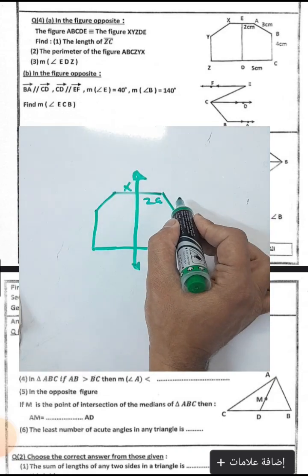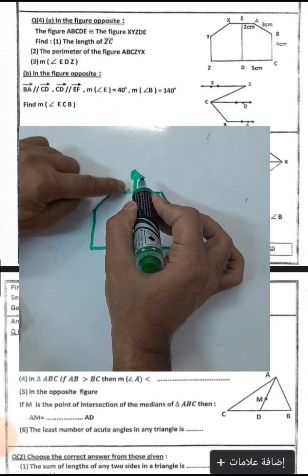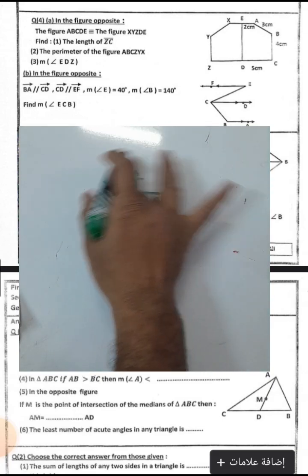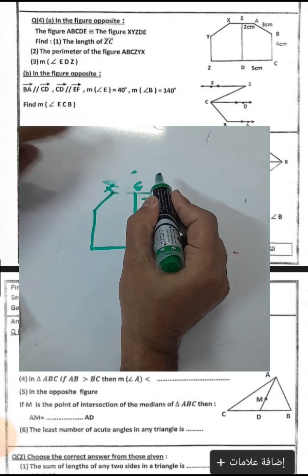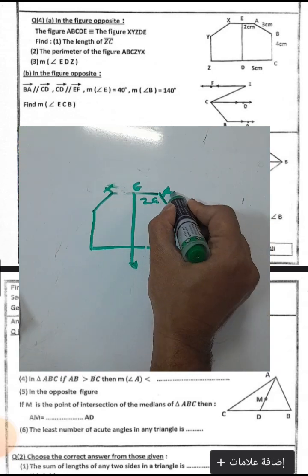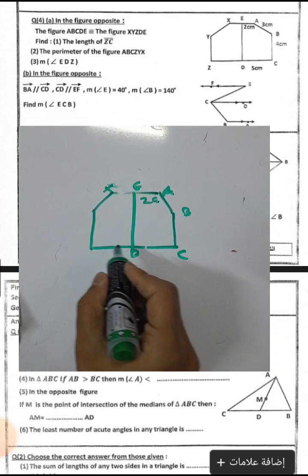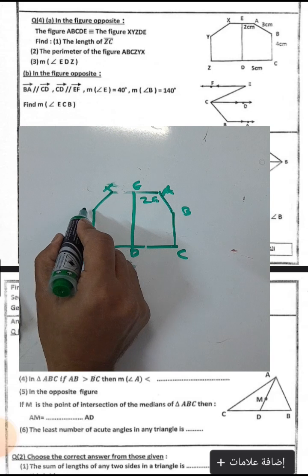We have this straight line at point X, and here point E, and here E, P, C, D, and Z and Y.